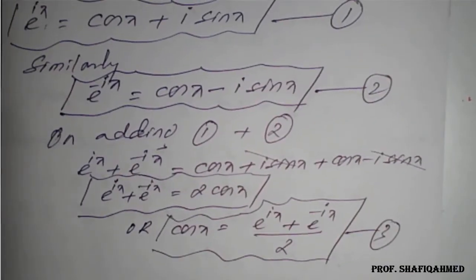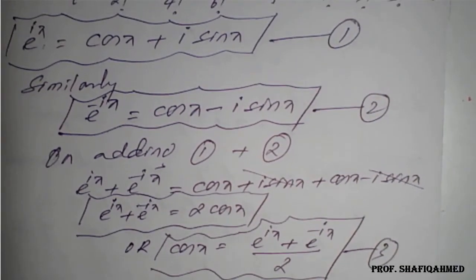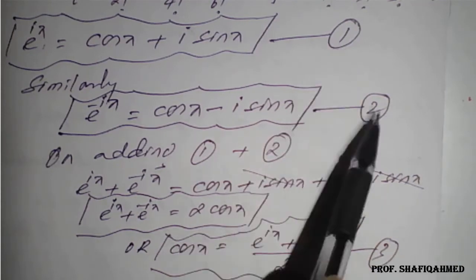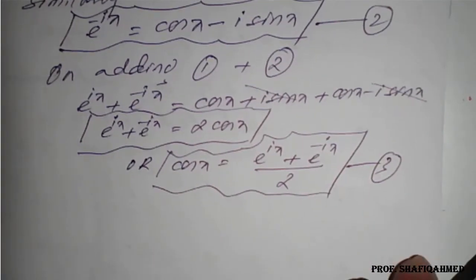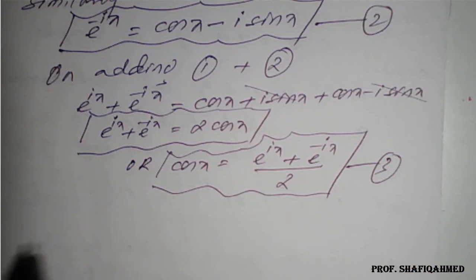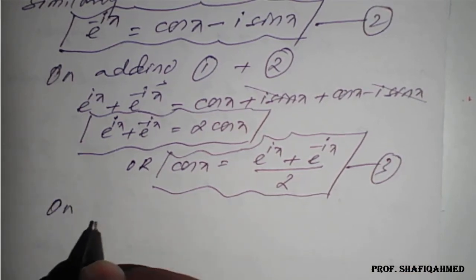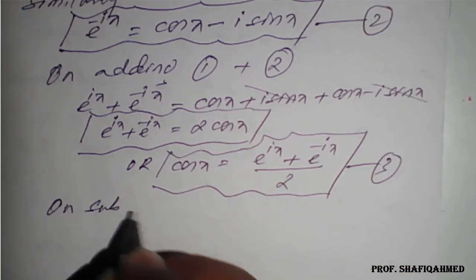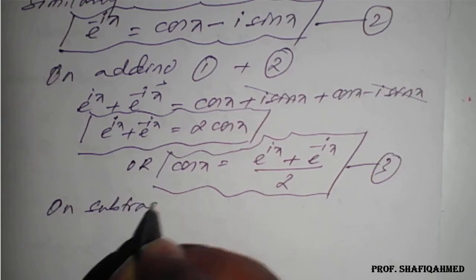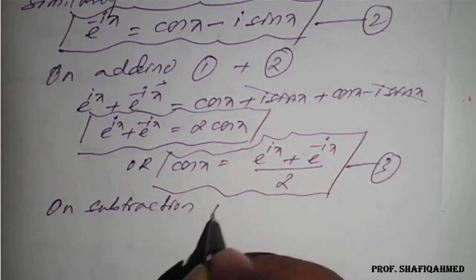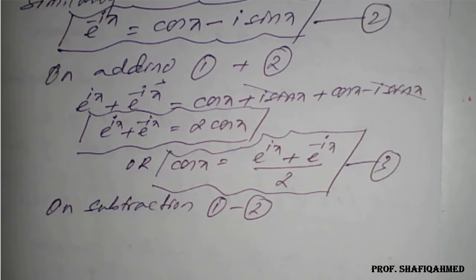And similarly we'll go for one more option here. So subtracting 1 and 2, on subtraction 1 minus 2, what will we get here?